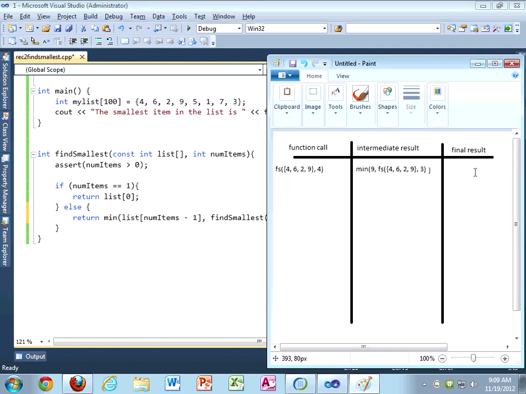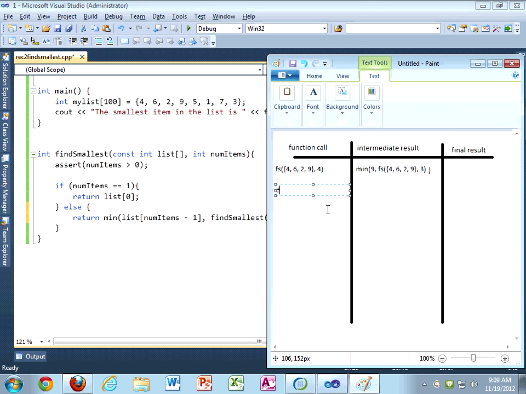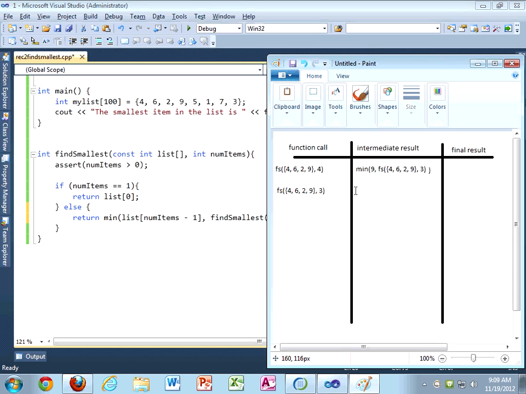Any questions? Okay, so I'm not ready to get my final result yet. I need to figure out what the find smallest function call here returns. So I'm going to go over here and I say, okay, now I need to know find smallest 4, 6, 2, 9, 3. Right?